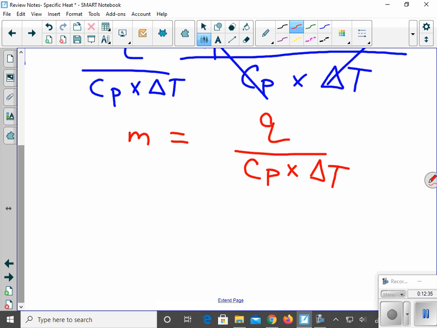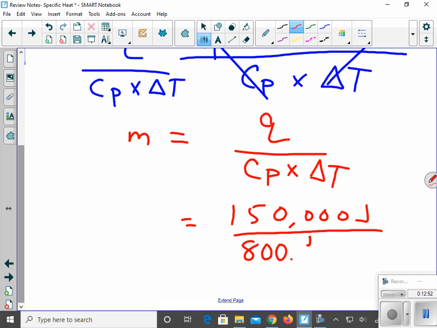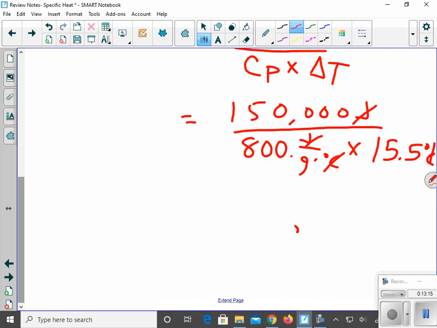So I know that I had 150,000 joules. My specific heat for the granite was 800 joules per gram times degrees Celsius. My change in temperature was 15.5 degrees Celsius. So as I look, my joules is going to cancel, my degrees Celsius is going to cancel. Grams in the denominator of the denominator is going to make my label be in grams.